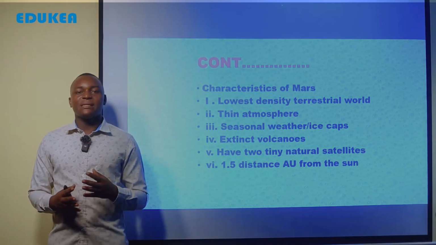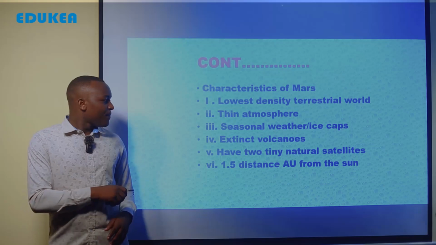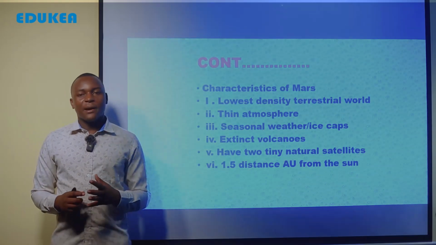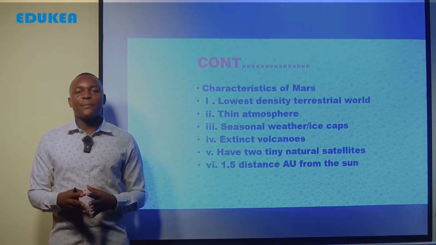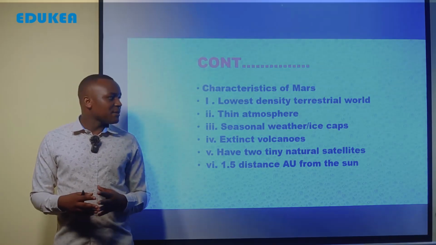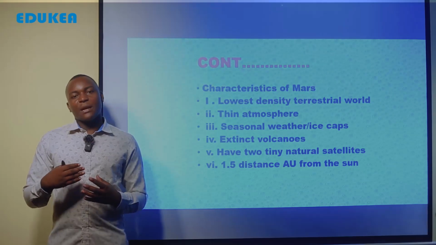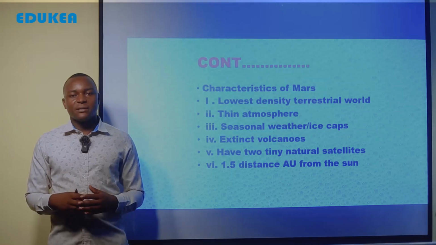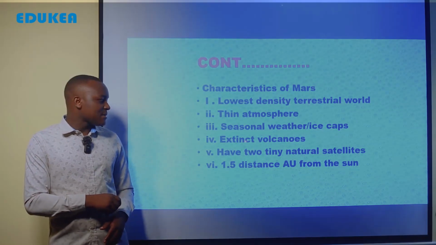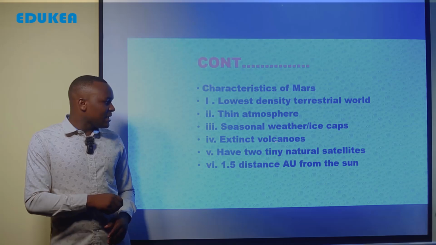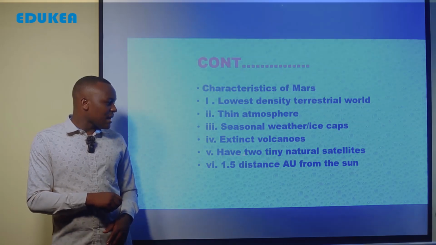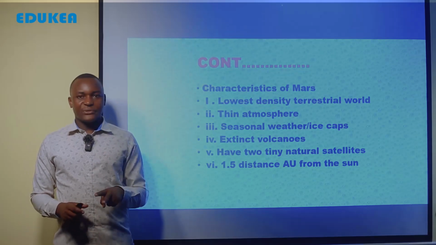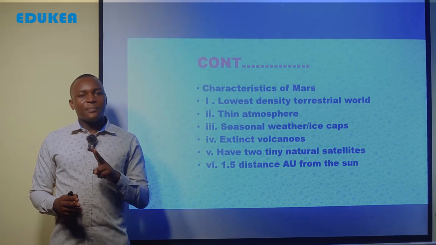Seasonal weather or ice caps, kwamba kuna kuwepo na nyakati ambapo kuna kuwepo na ice caps. Kwamba kuna nyakati za majira, kwamba kuna majira ya barafu sana. That's why we say ice caps. We say extinct volcanoes, but also we say it has 2 thin natural satellites. The planet which has 2 thin natural satellites is what we call Mars.